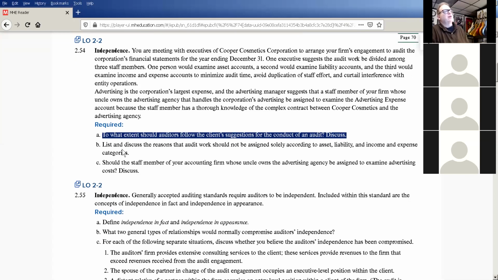Listen, discuss the reasons why the audit work should not be assigned solely according to assets, liabilities, and income statement stuff.